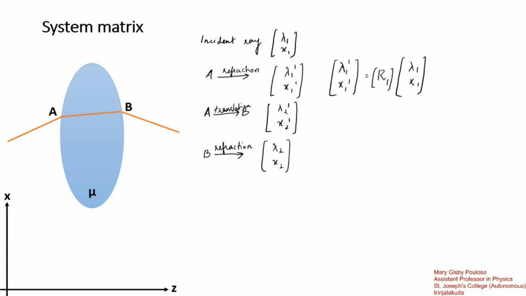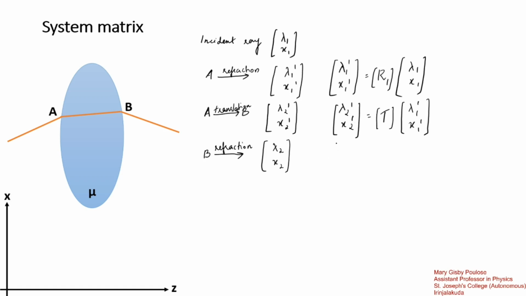Right. Now when light translates from point A to B, I can write the ray coordinate at B lambda2 prime, x2 prime is equal to translation matrix upon lambda1 prime, x1 prime.